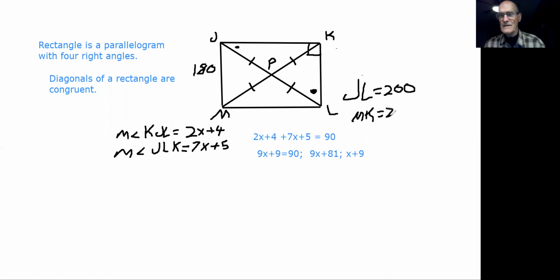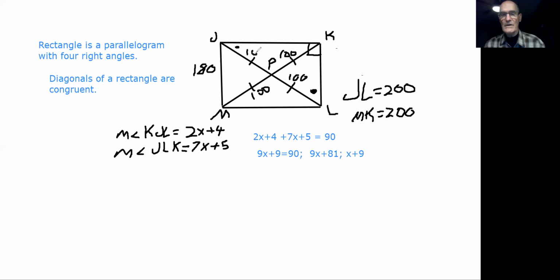That would mean JP, KP, LP, and MP are all 100. So this is 100 here, this is 100 here, this is 100 up here, and this one is 100 here.